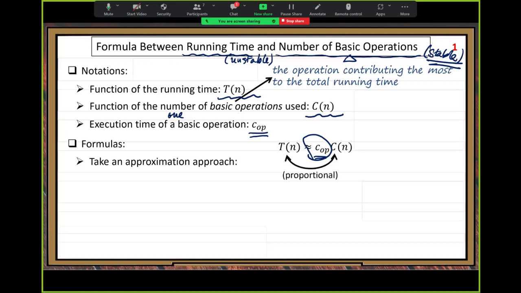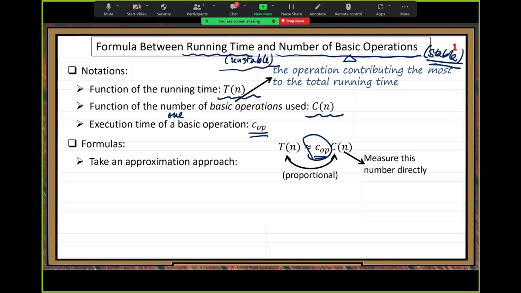You can see the function values of these two functions are proportional on the same computer. So here you can see two different measures: one is an unstable measure, another is a stable measure.